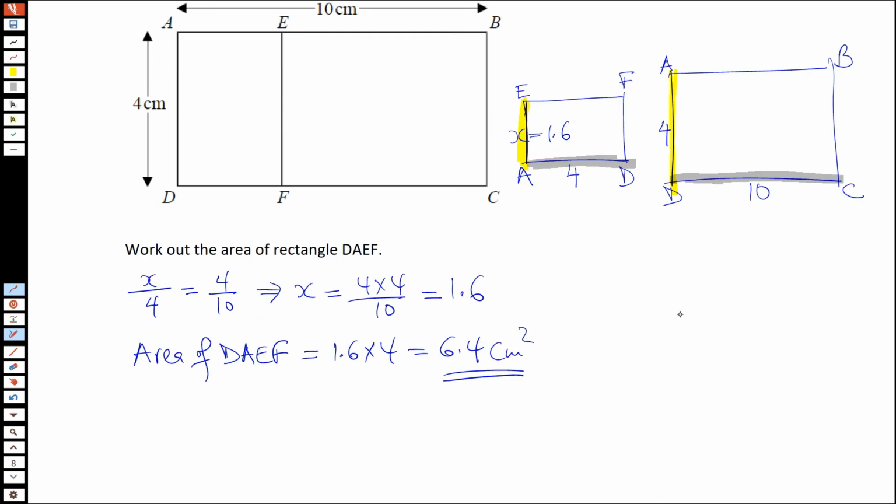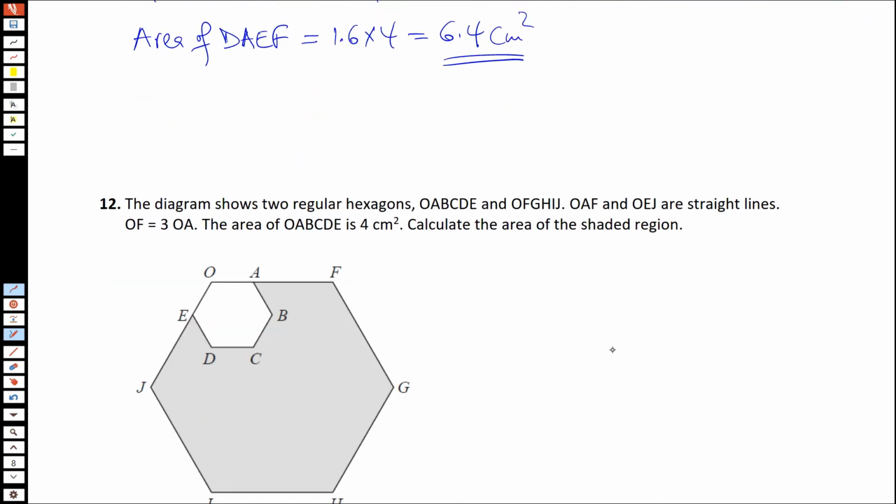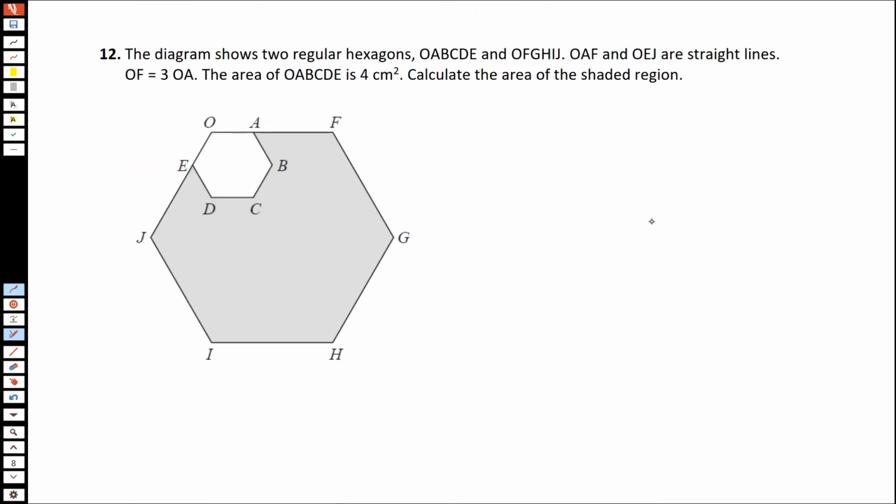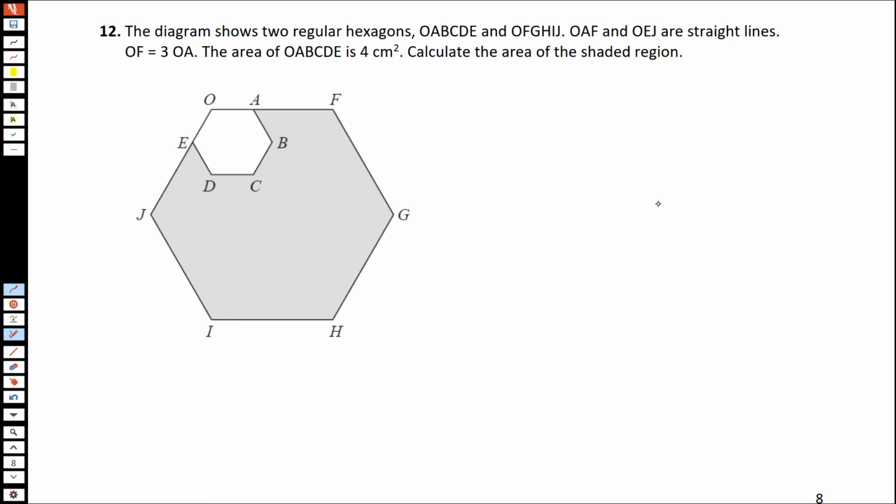Okay, last question. The diagram shows two regular hexagons, and we have all this information, and then we have OF, which is from here to here, is 3 times OA.